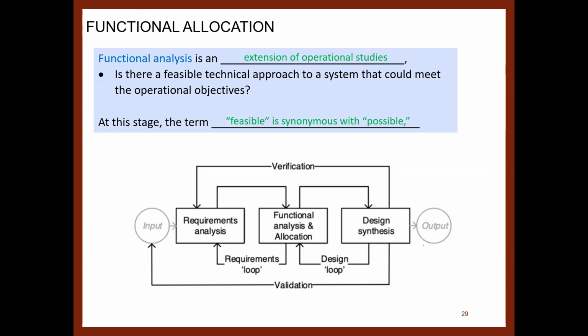With the design in mind, we can start looking at verification. If that's not possible, we need to go back and check our requirements. And once that's done, we can go back here for validation purposes.